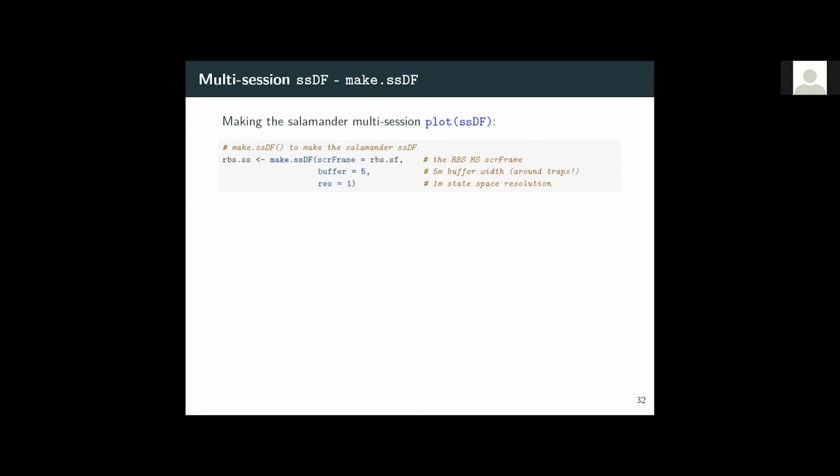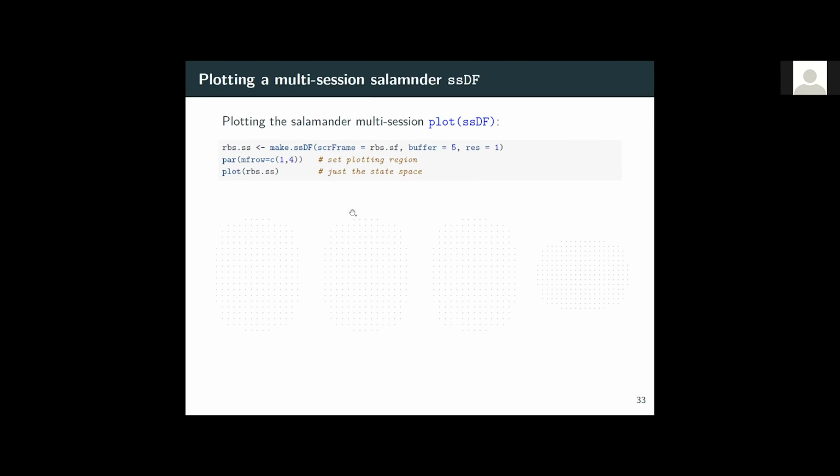When I specify a buffer and a resolution, I need to specify those relative to the coordinate units that I used in the trapping object. So I'm making a 5-meter buffer around my array, and I'm going to fill the array with a uniform grid spaced 1 meter apart. And then I can plot that thing.